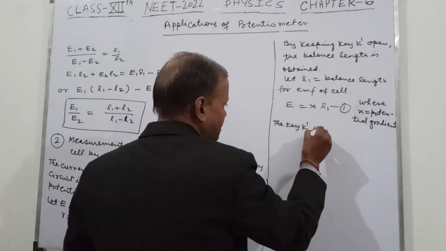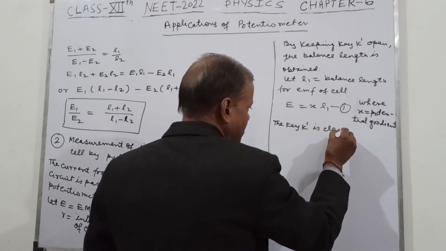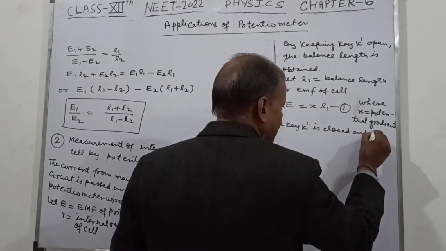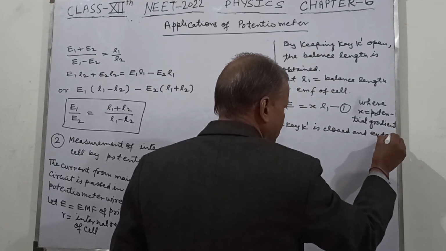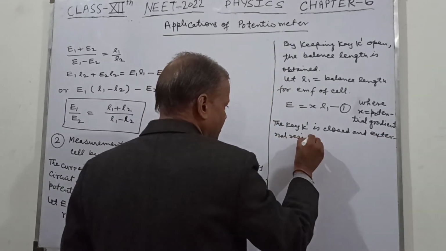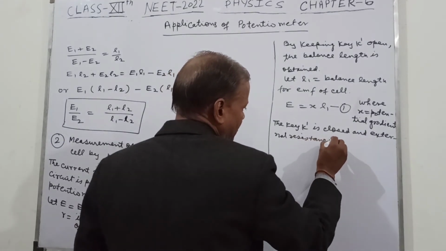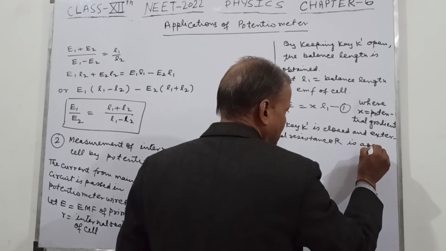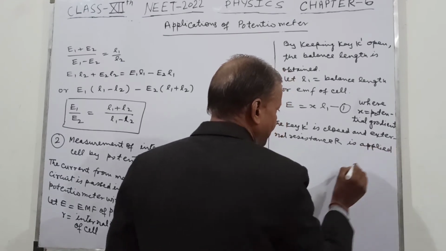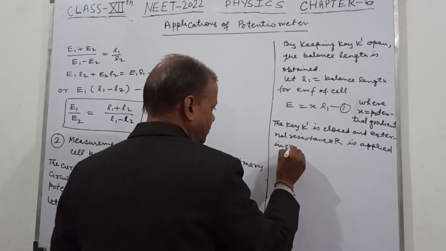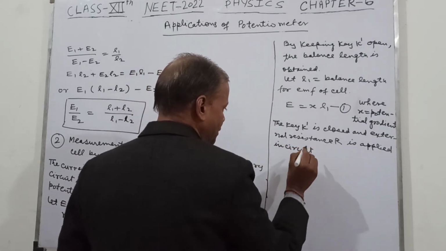Key K dash is closed and external resistance R is applied in circuit.